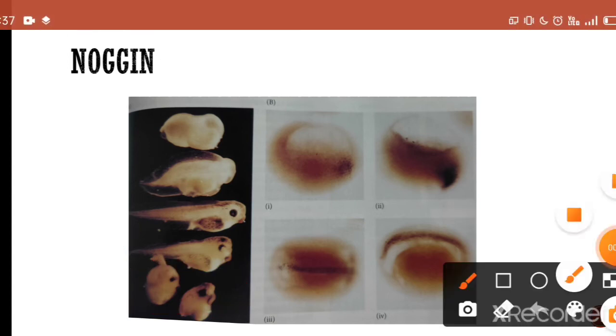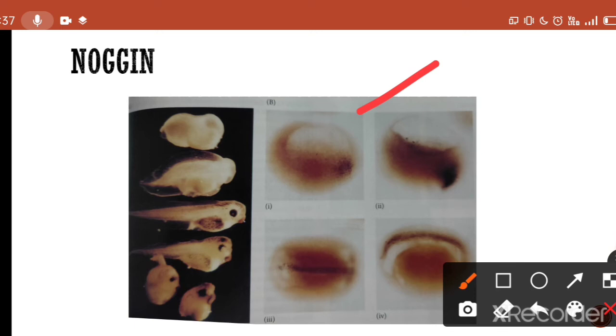This picture represents the localization of noggin mRNA in the organizer tissue, shown by in situ hybridization. The first picture shows mRNA concentration at gastrulation. Here noggin mRNA is shown in the dark area, and it is accumulated in the dorsal marginal zone.